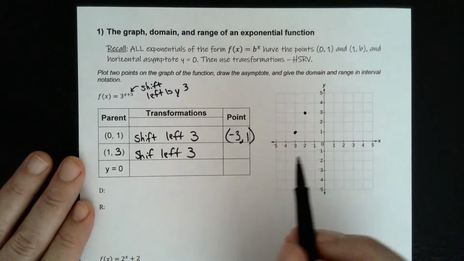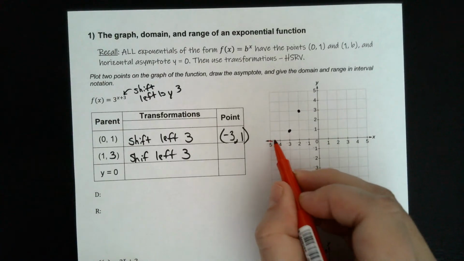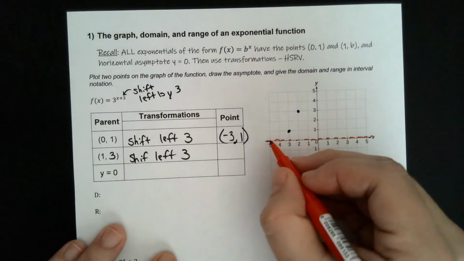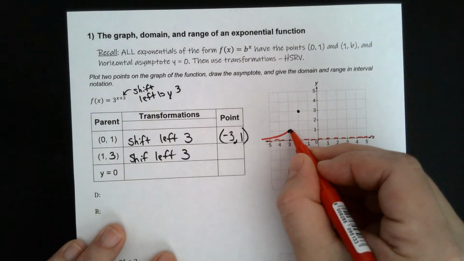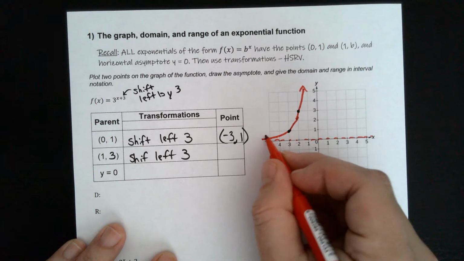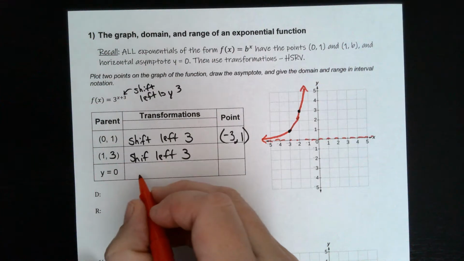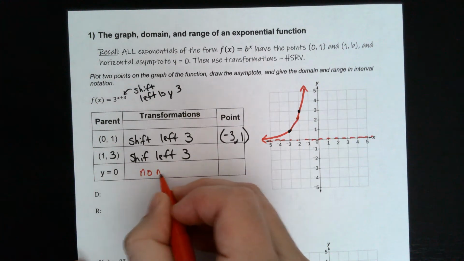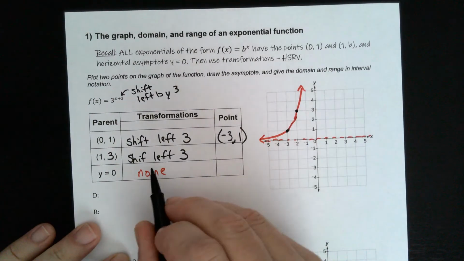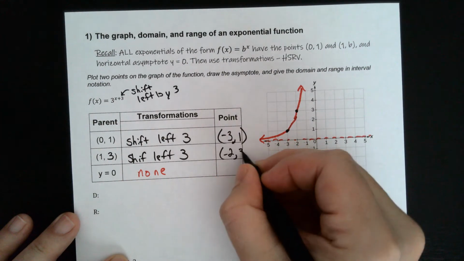It doesn't get shifted at all because it's a left and right line, so it's not going to get shifted left or right. So there we go, and we could draw the graph of this. It should look something like an exponential. I forgot to write this other point up here. Since this was (1, 3) and it shifted left by 3, it would be (-2, 3).